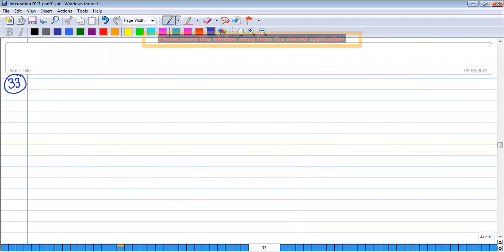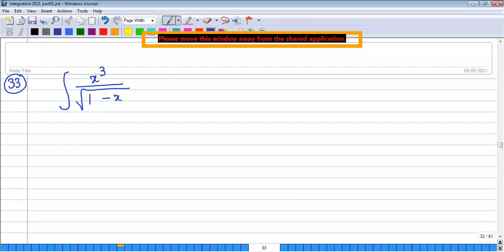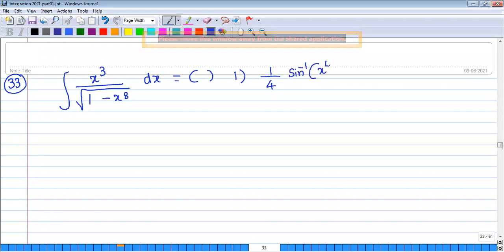So let us move to next problem. Integral x cube root of 1 minus x to the power of 8 dx. First option, 1 upon 4 sine inverse x to the power of 4 plus c.